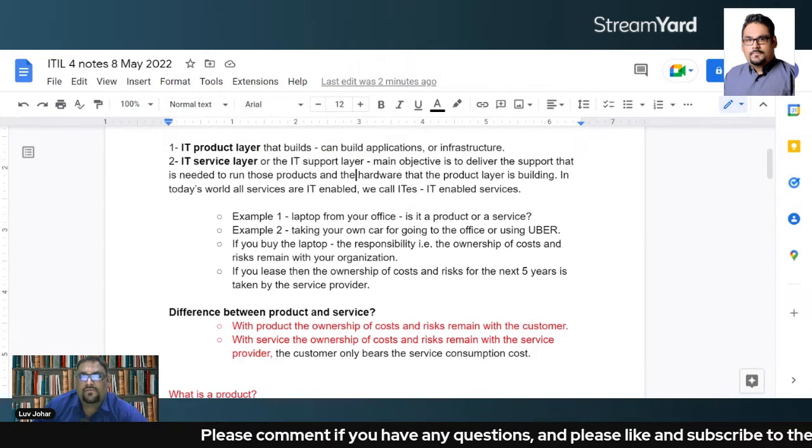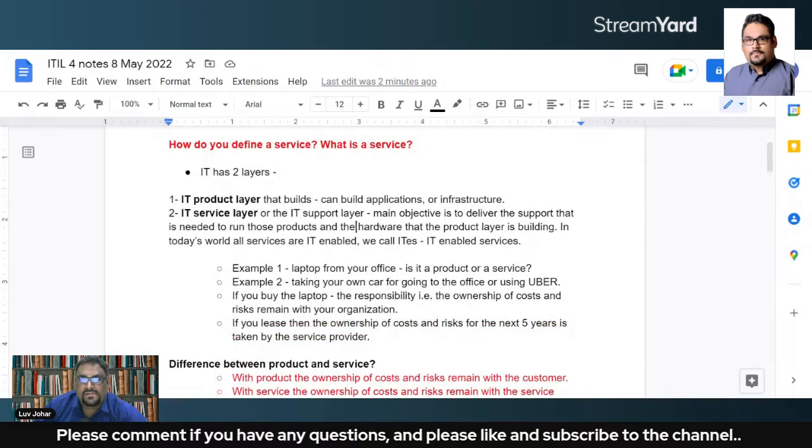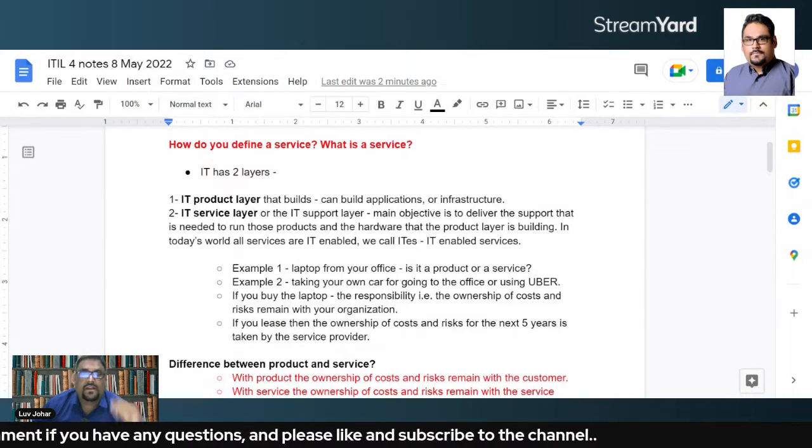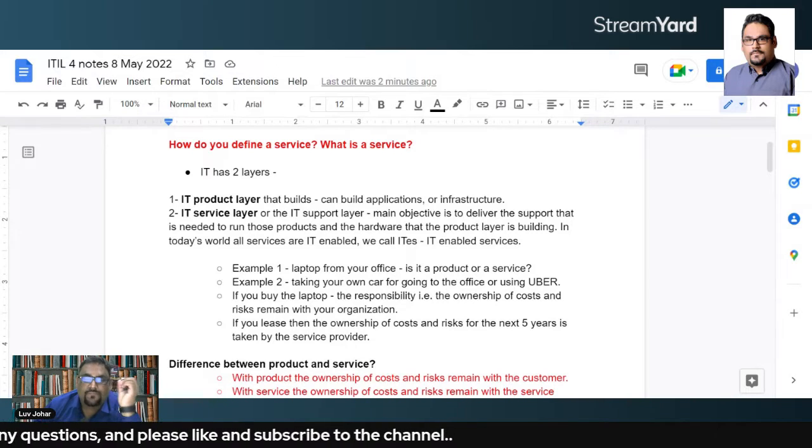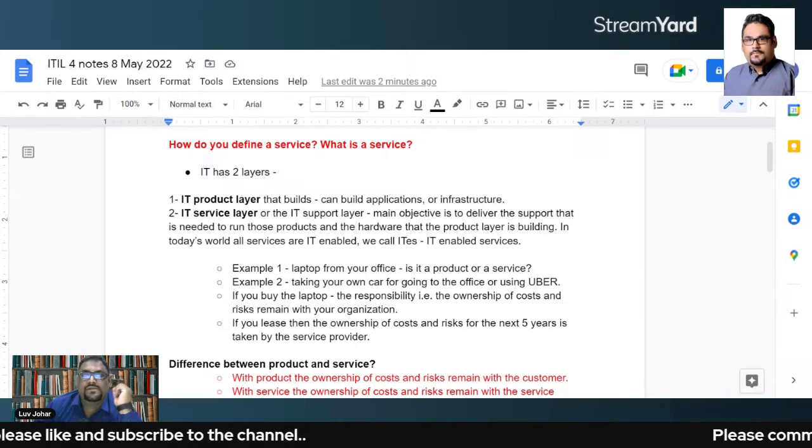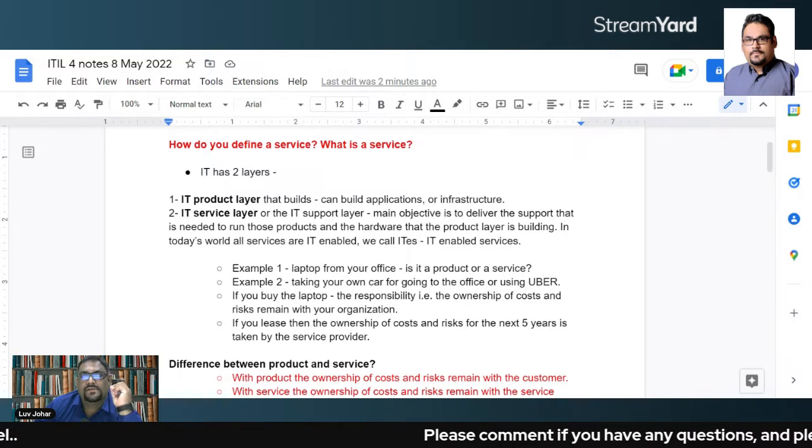So the first thing we would like to understand is the difference between a product and a service. What is a product, guys, and what is a service? When you get a laptop from your office, is it a product or a service?